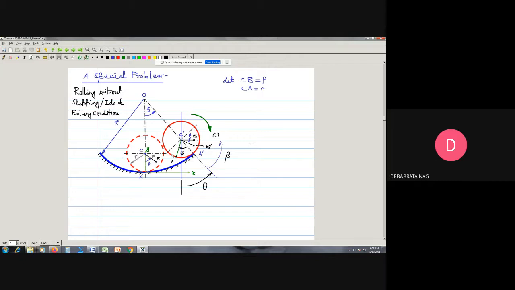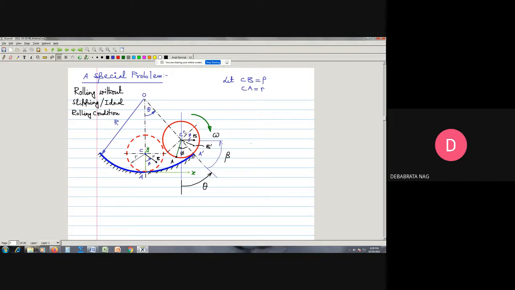As it rolls up the plane, it comes and occupies this particular position. And let us suppose we ask how we come to this position after some time.